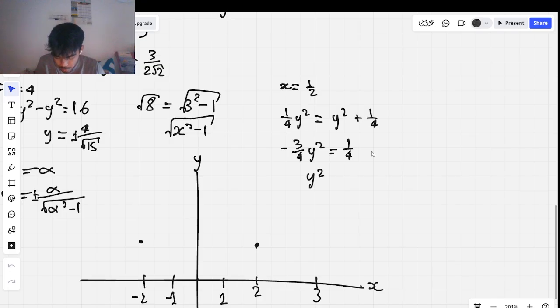It means y squared is equal to minus a third, which is not possible because we're strictly talking about real numbers, which therefore means that between 1 and minus 1 there doesn't exist a value.